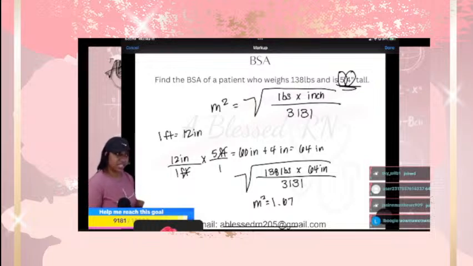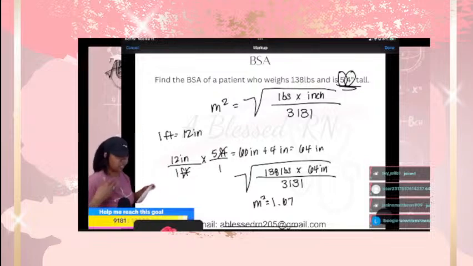Now, if you did the metric version, you would, of course, have to convert your pounds to kilograms by dividing by 2.2. You would have had to convert your feet first to inches, then your inches to centimeters. So you know that there are 2.54 centimeters in 1 inch. So that was a little bit more. So that's why y'all said the easy peasy US lemon squeezy way.